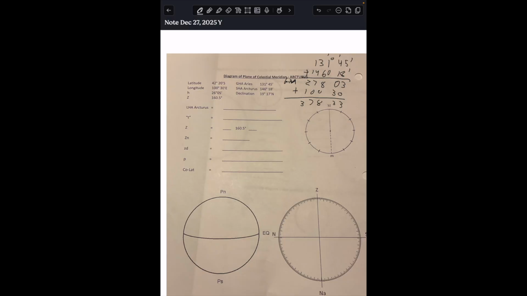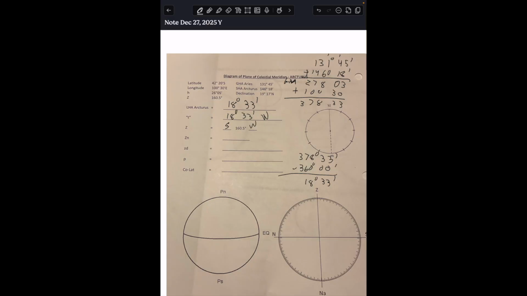So we take 378 degrees and subtract 360 degrees from it: 18 degrees, 33 minutes. That's the LHA of Arcturus. And remember what we said about t. If your LHA is less than 180 degrees, your t is the same as your LHA and it's labeled west. And now we have our azimuth, which is going to be labeled with our latitude, which is south, and our t, which is west.